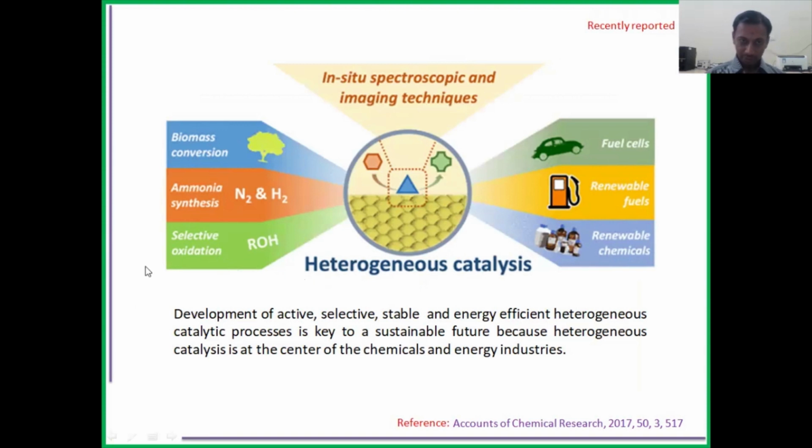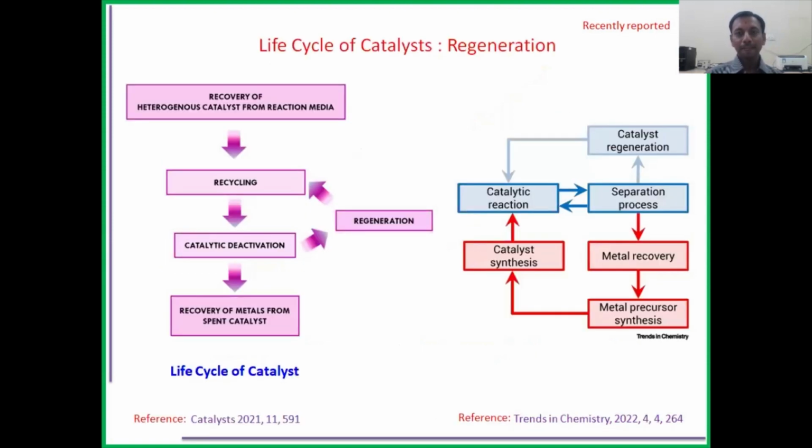So we can say that development of active, selective, hydrothermally stable and energy efficient heterogeneous catalytic processes is the key to a sustainable future, because heterogeneous catalysis is the center of all chemical and energy industries. This is the center point. This type of article was recently reported.